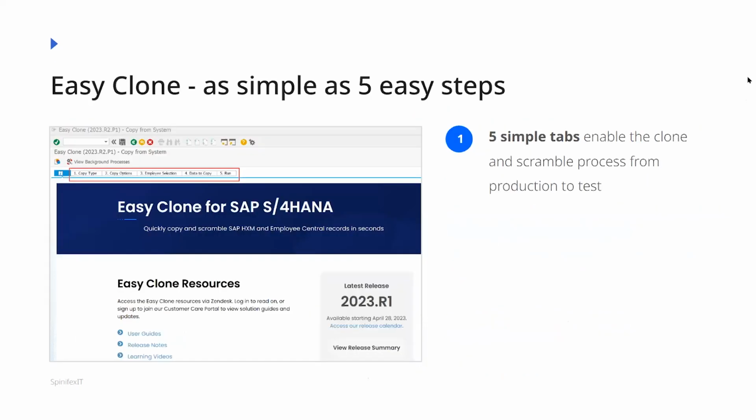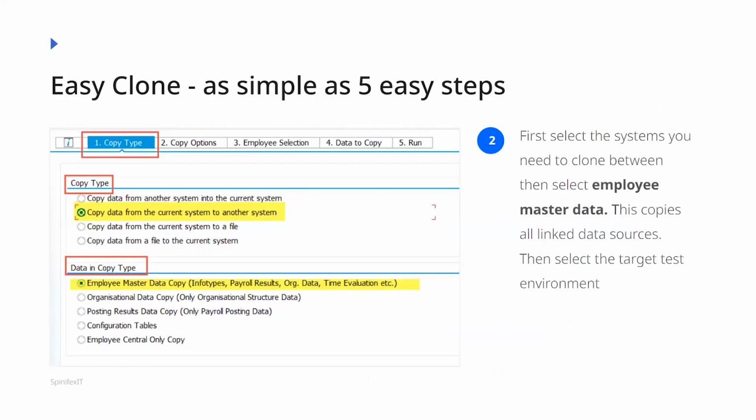So let's have a little look further at how simple it is to use Easy Clone. In fact, it's our simplest solution to get up and running and to be trained very quickly. When we log into Easy Clone, you'll see those 5 tabs that are highlighted. The first tab allows us to either push data from one system to another or pull data.